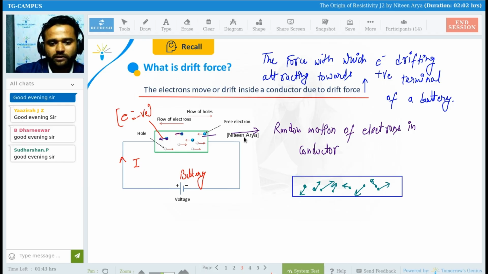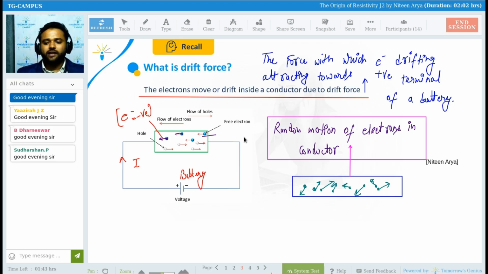So removing this, you can understand it in this way. Clear, everyone? This is the random motion of electrons in a conductor. Everyone clear what is drift force or what is random motion of electrons? Just type yes if it is clear.